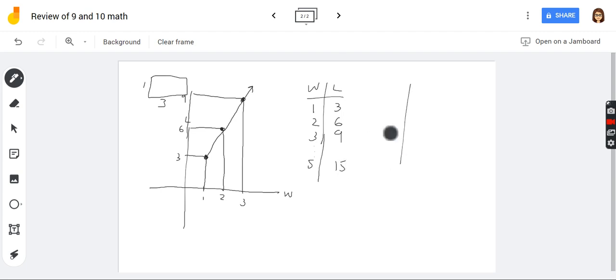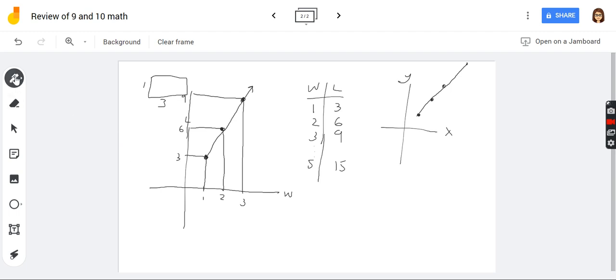Those points, when plotted on a Cartesian plane, suppose they were x and y, right? Suppose it was like this, x and y. Then those are the points (1, 3), (2, 6), and (3, 9). And those points, and (5, 15), which is way up here, will join to make a straight line.